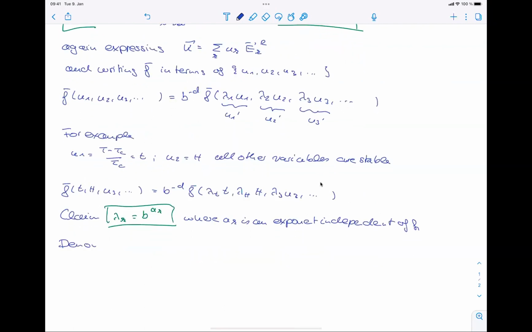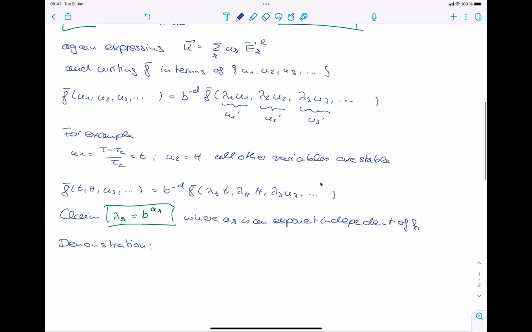The demonstration for that is: the eigenvalues are obviously a function of B, right? Because that's the change of scale, that one parameter that I'm changing when I'm doing the transformation. So B is the parameter driving my renormalization group transformation, and then obviously the eigenvalues that are actually holding the dynamics of this transformation need to depend on B. So that's clear.